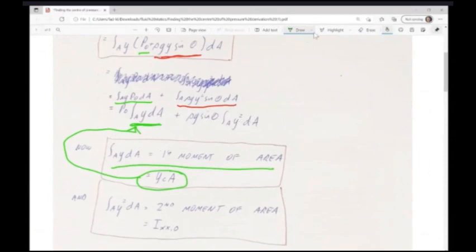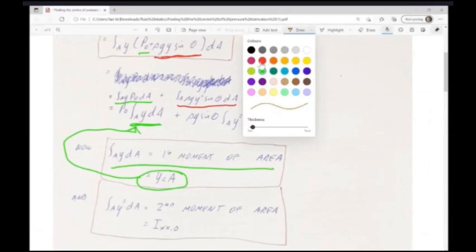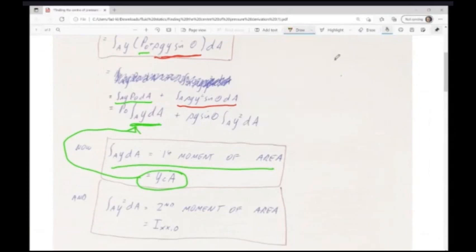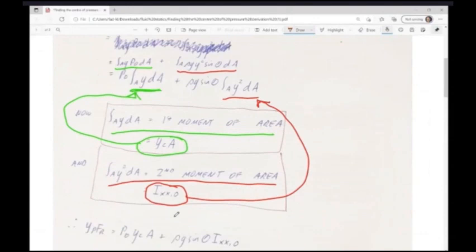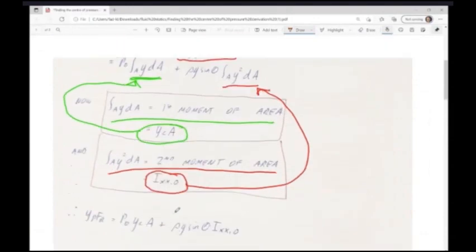The integral of y squared dA with respect to A is known as our second moment of area. We're going to plug that into here. Now, that is the second moment of area around the origin, and we'll come on to why that's important in a minute.